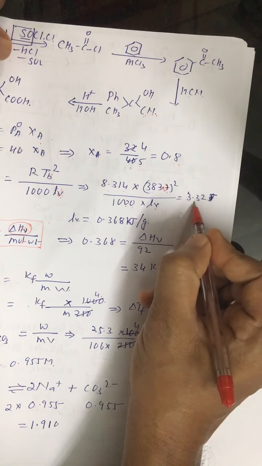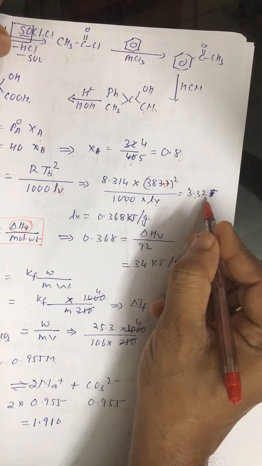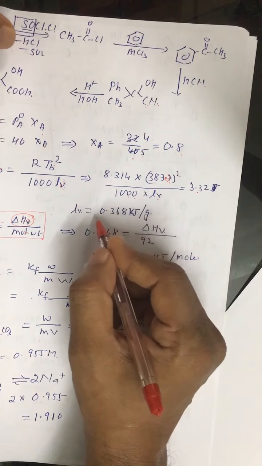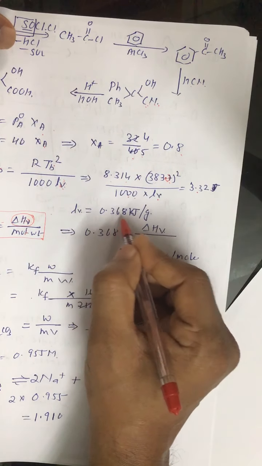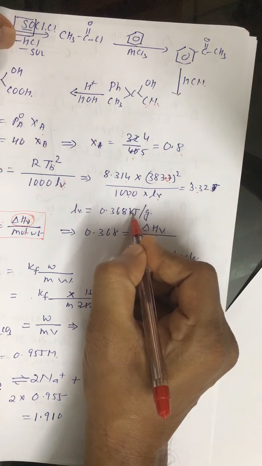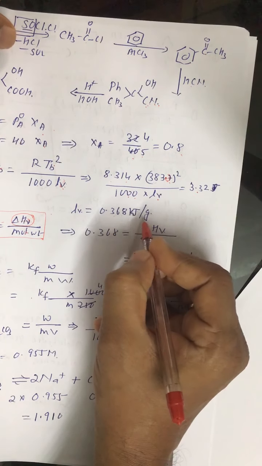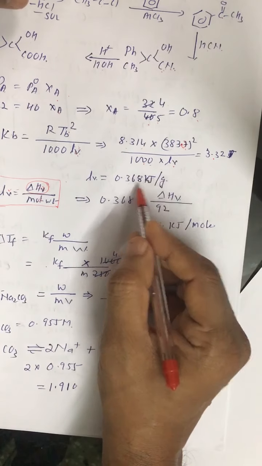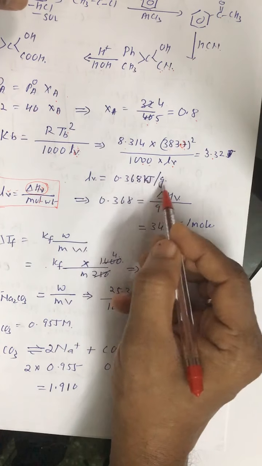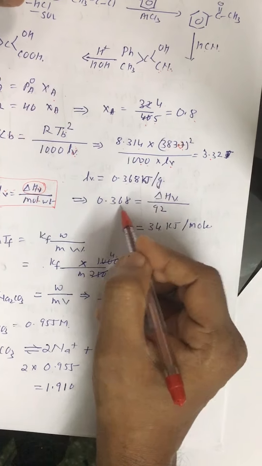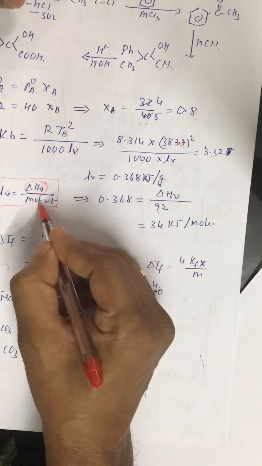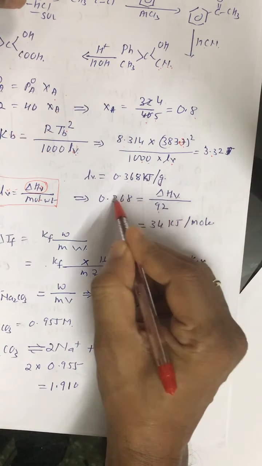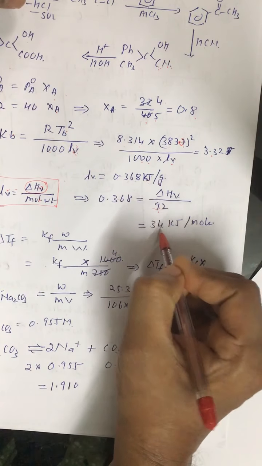On calculation we are getting 0.368 kilojoules per gram. You can calculate it, I have calculated already. Now for delta HV, the molar mass of toluene is 92, so just multiply these two.